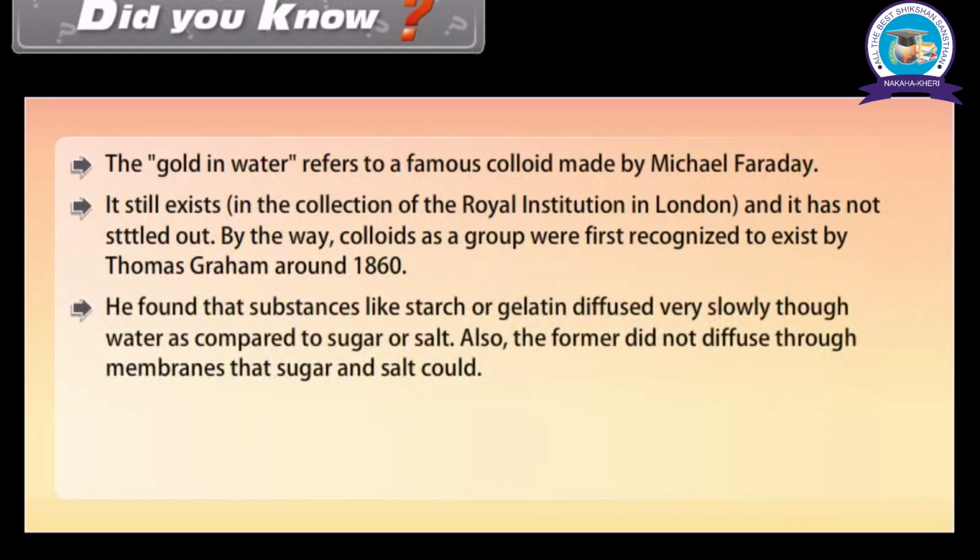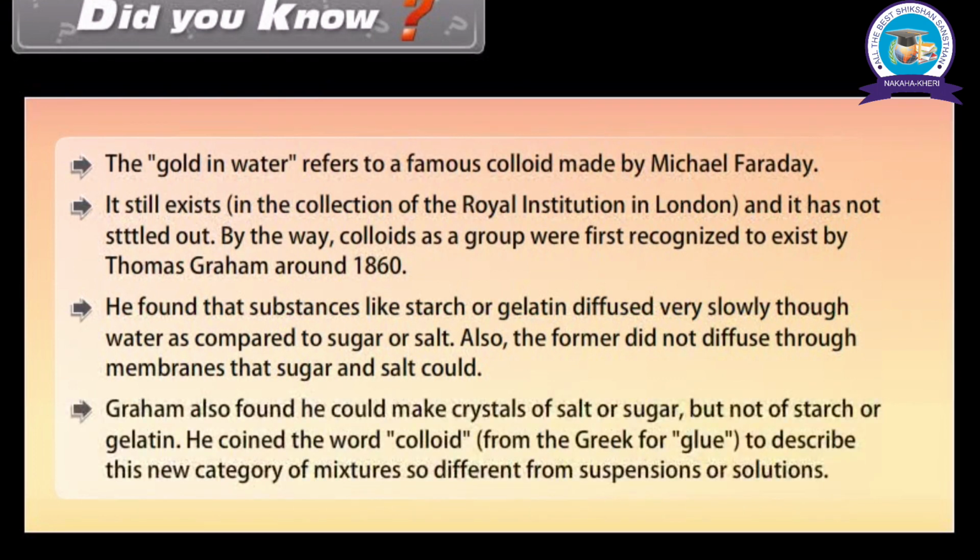He found that substances like starch or gelatin diffused very slowly in water as compared to sugar or salt. Also, the former did not diffuse through membranes that sugar and salt could. Graham also found he could make crystals of salt or sugar, but not of starch or gelatin.